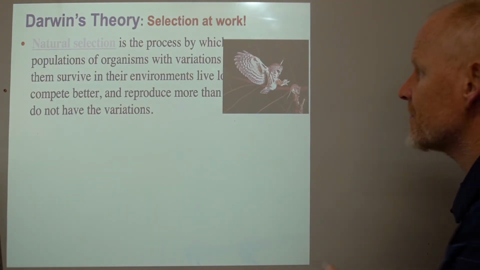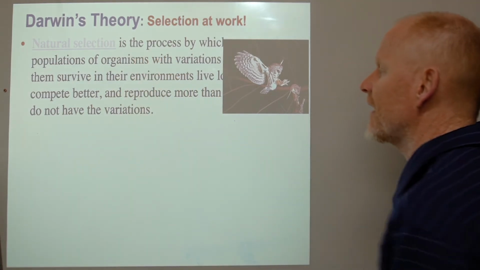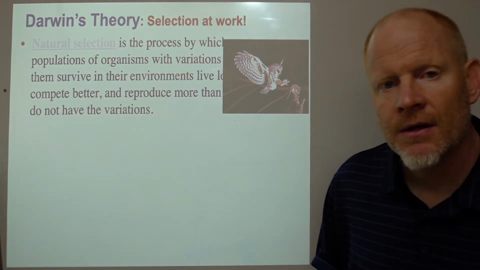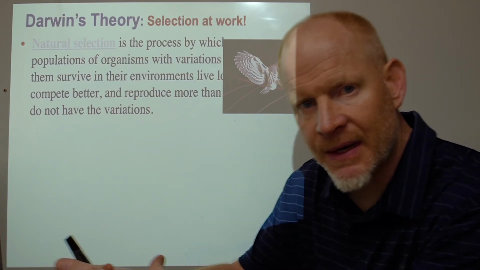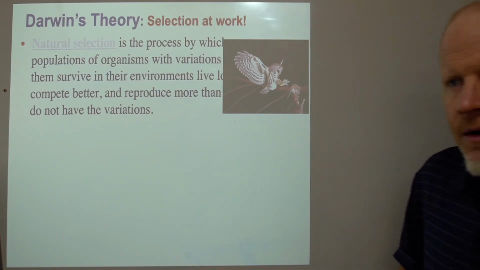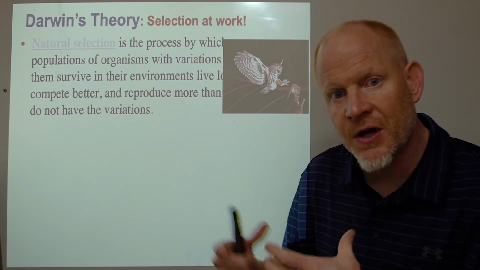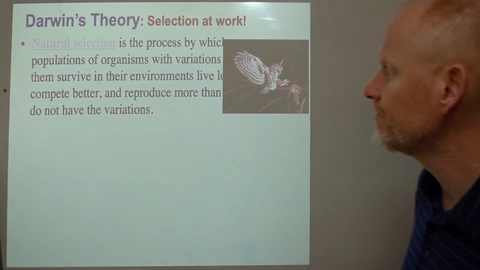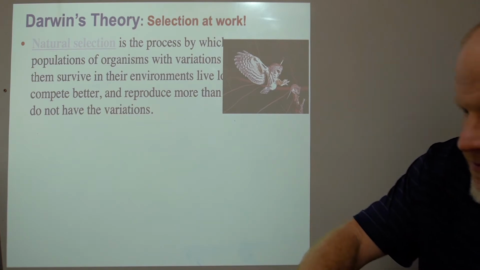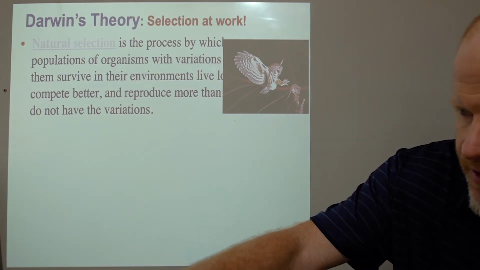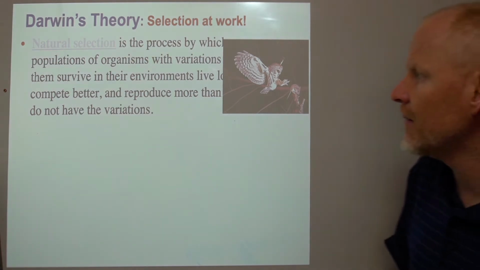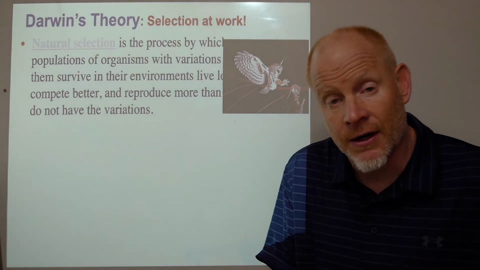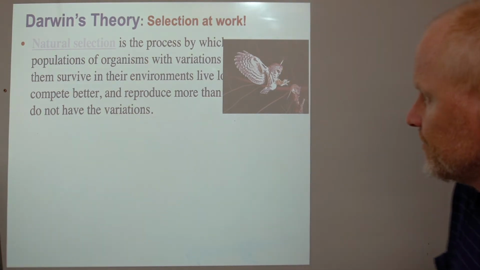So natural selection is a process by which populations of organisms with variation, some of them survive, some of them don't, and those that do survive are directionally selected because they reach reproductive age and can produce offspring with the same adaptation. So this variation in phenotypes that you see from generation to generation that are based on selection are examples of microevolution, right?